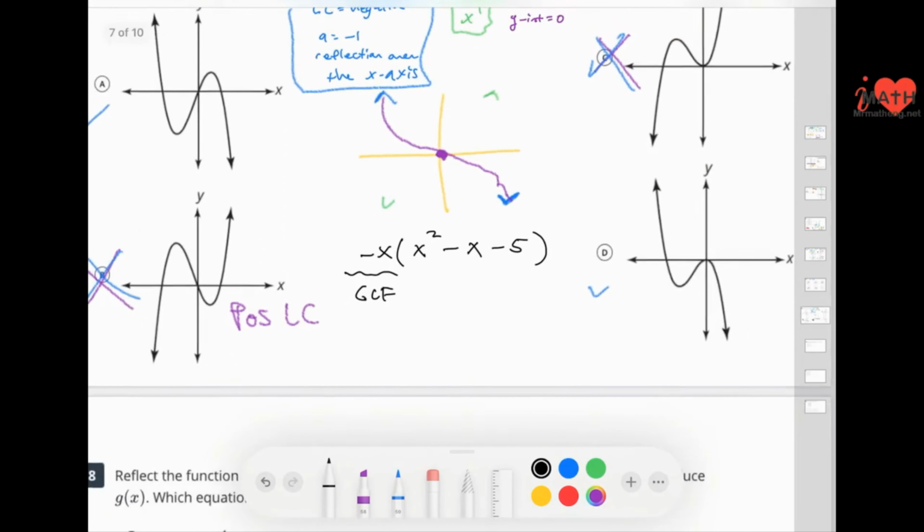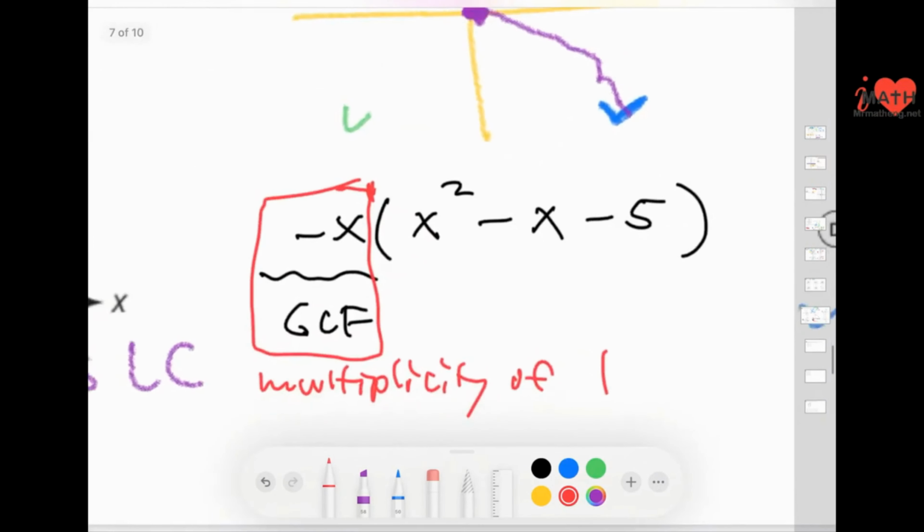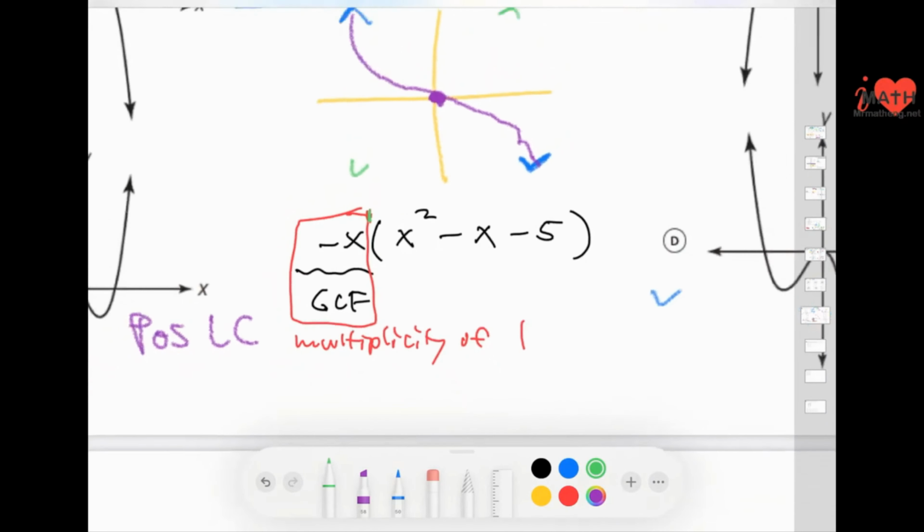Okay, so what's important in this part I just did is that this has a multiplicity of 1. How did I know that? Because x here is to the first power. Okay, why is that important?